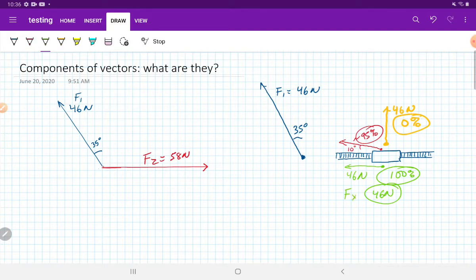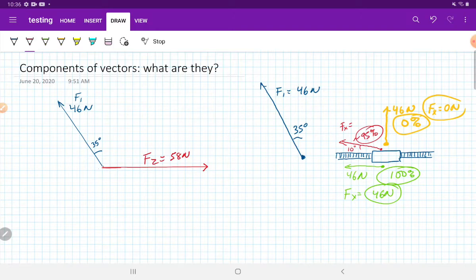So the force in the X direction would equal 46 newtons. If I look at the yellow situation, the force in the X direction would be 0, right? And in the red situation, the force in the X direction would be 46 times 95%.